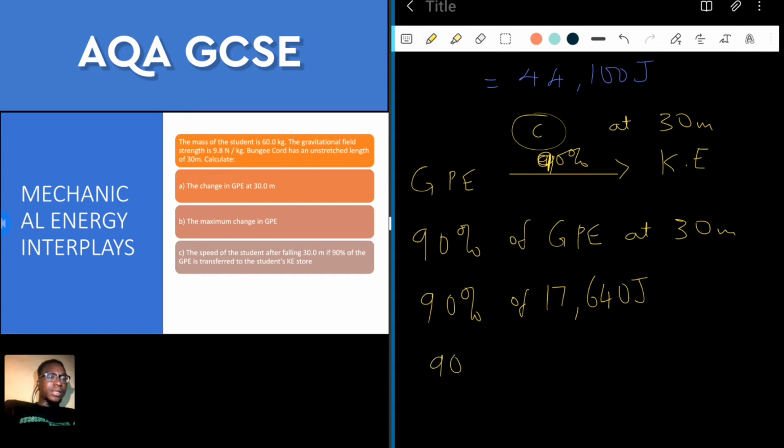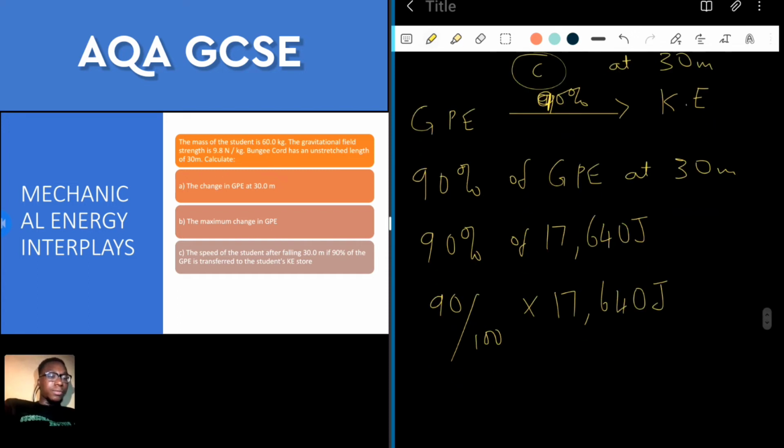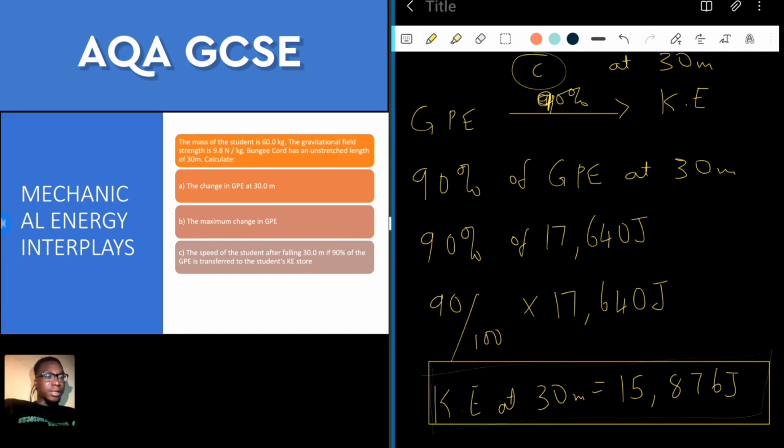That would be 90 over 100 times 17,640 joules. This will definitely give you the KE at 30 meters will be 15,876 joules. Okay, that's the kinetic energy at 30 meters.